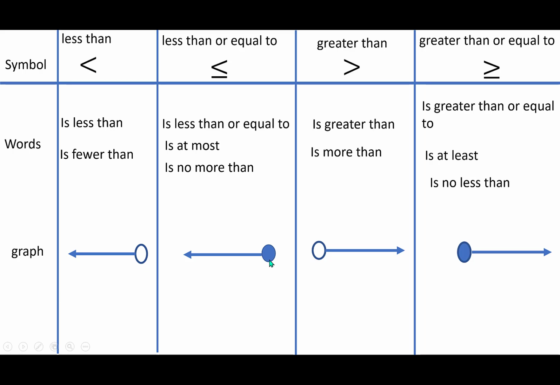We'll look at that when we get to graphing in a second. Also notice I have open circles and closed circles. My closed circles are the filled in ones. This is because whatever number my dot is on is included, it's equal to. So the closed circle goes with the equal to part. The open circle is without.